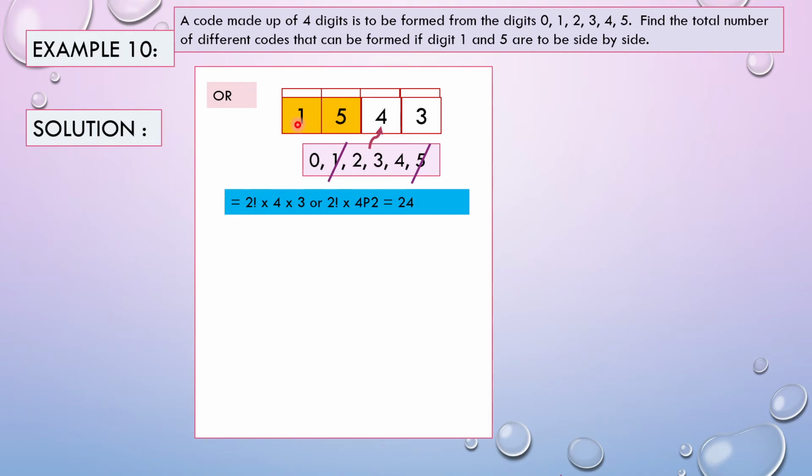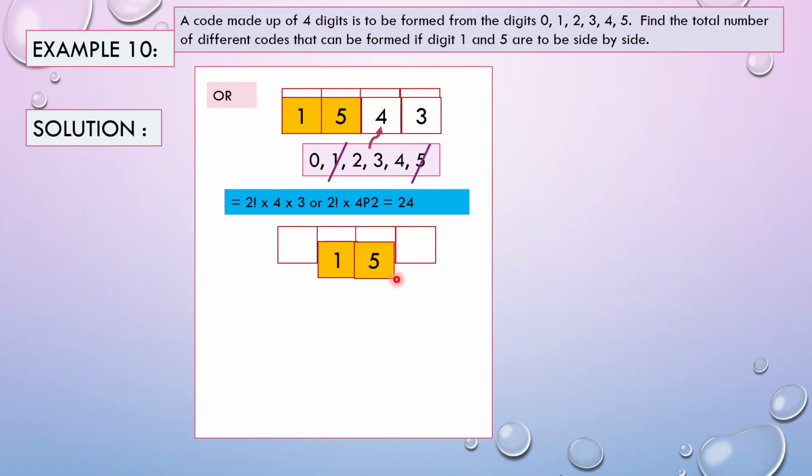The arrangement for digits 1 and 5, times 4 times 3, or 2 factorial times 4P2. Why 4P2? Because other than digits 1 and 5 left another 4 digits, but we want to arrange only 2. Multiply all this, you will get 24. That is the first arrangement.